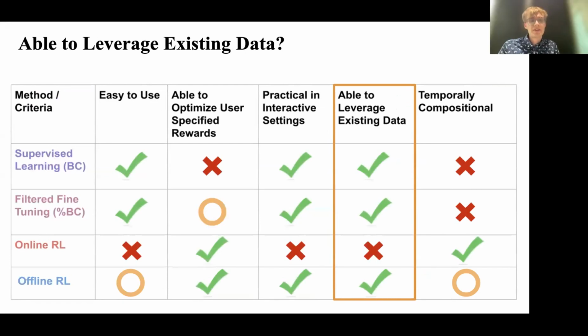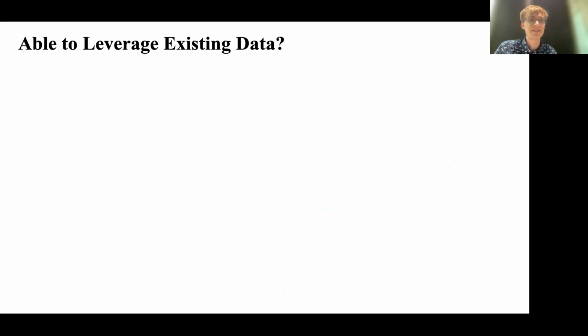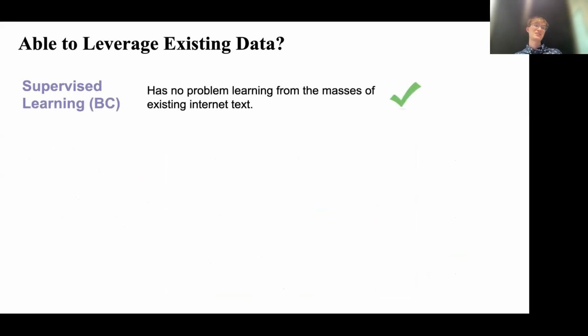So the next condition is being able to leverage existing data. This is maybe a bit similar to the last claim, but basically, there's a lot of data online of past interactions, at least for NLP. And a lot of the big methods that are working, like unsupervised pre-training, are able to soak up all this data. So ideally, we'd want our offline RL method, or whatever utility optimization method we have, to be able to do this.